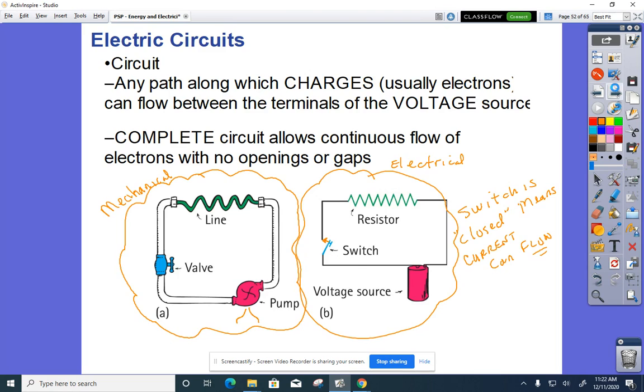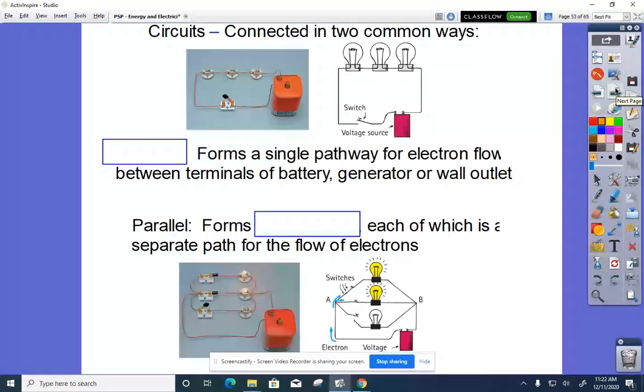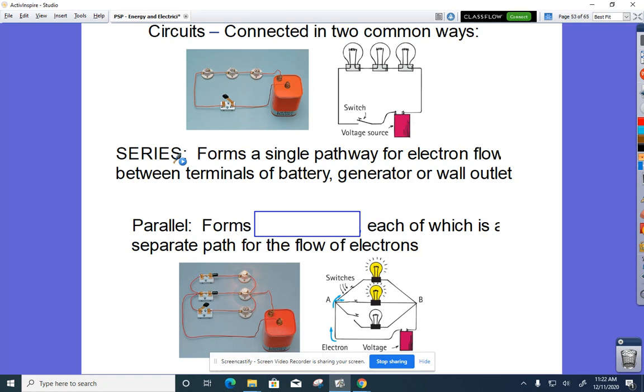Okay, now let's take a look at series versus parallel circuits. Circuits can be connected in two common ways. Of course, we could mix these as well, and some of the activities that you'll do in your lab work will be a mixture of both series and parallel. But let's take a look at these in detail. A series circuit forms a single pathway for the electrons to flow between the terminals of the battery, the generator, or the wall outlet. If we were to build one in a lab, it would look something like this, and this is what the electrical schematic would look like.